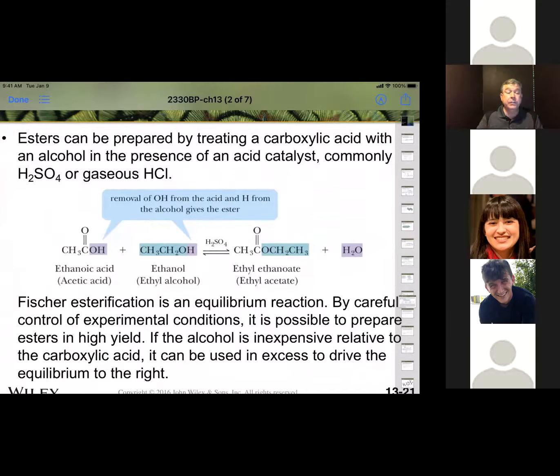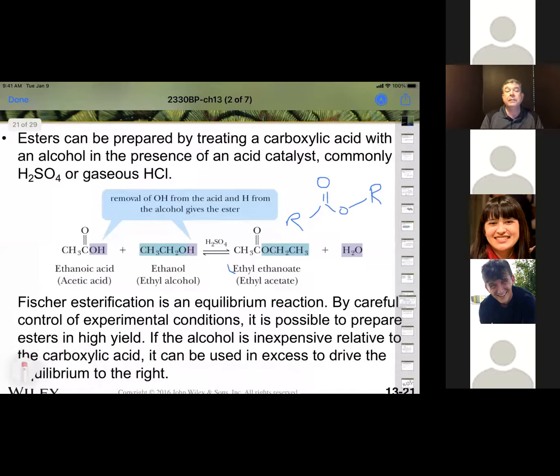And what it's going to do is it's going to remove water and create a new bond called an ester. Okay, we're going to talk about this a little more in the next chapter, but the carbonyl OH, and R can be any alkyl group, we take that H off and we add another bond to an R. Okay, so that's what we've done.